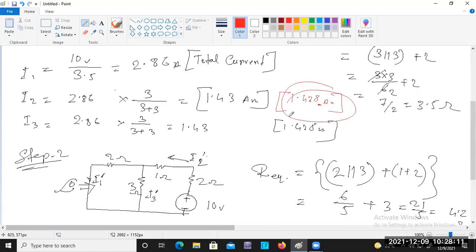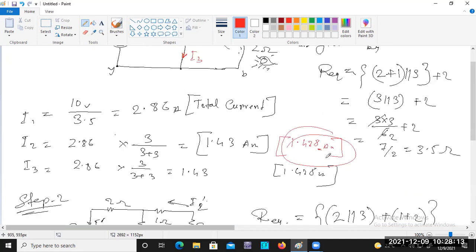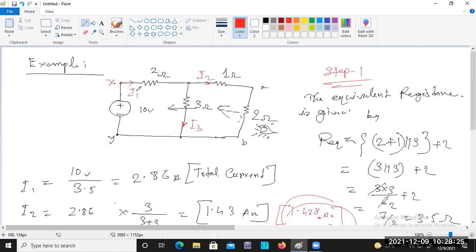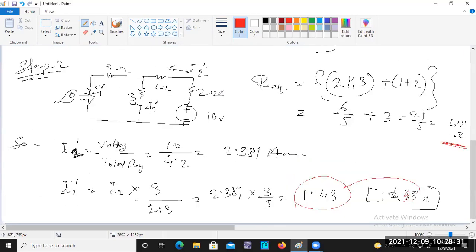This is the main reciprocity theorem. So guys, if you have any question, then you may ask me. This is the main current, but whenever it is the branch current, you can see it is the same.